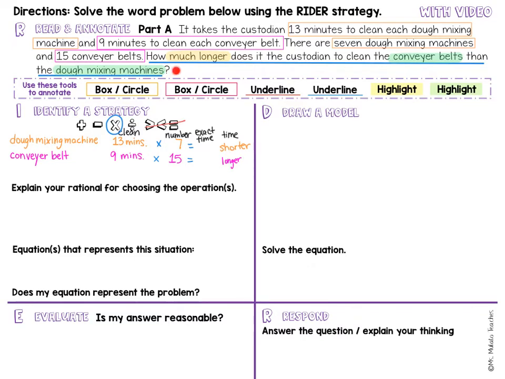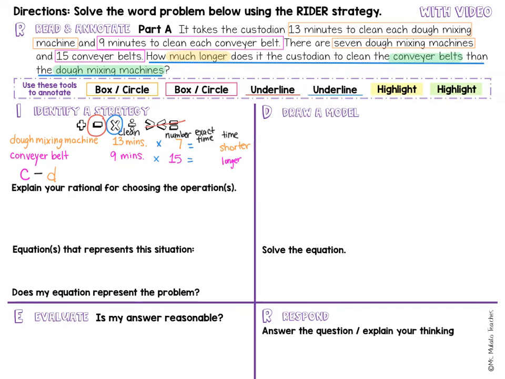When we find how much longer something is than something else, we are comparing, but we're trying to find the difference. And when we find the difference, we are actually doing which operation? We're doing subtraction. So we're going to take our larger number, C for conveyor belts, and we're going to have to take away how much time it takes for the dough mixing machines.